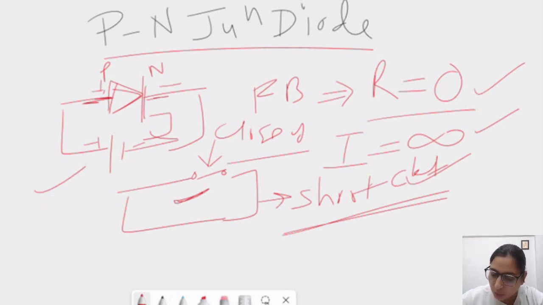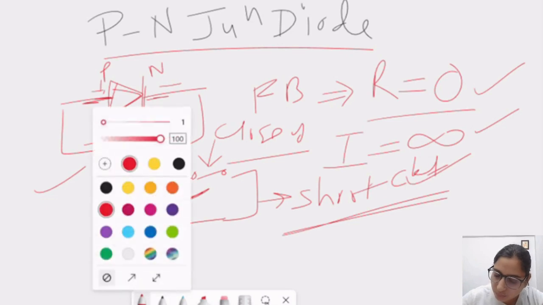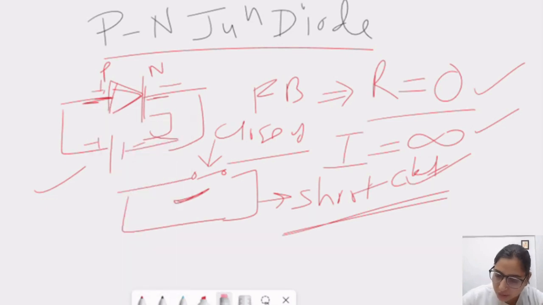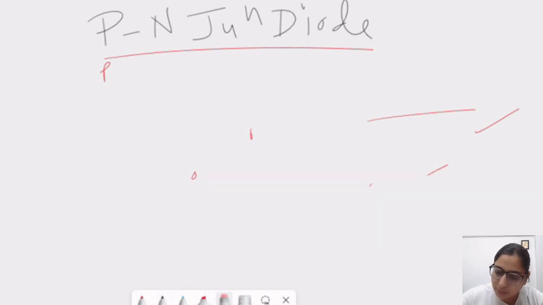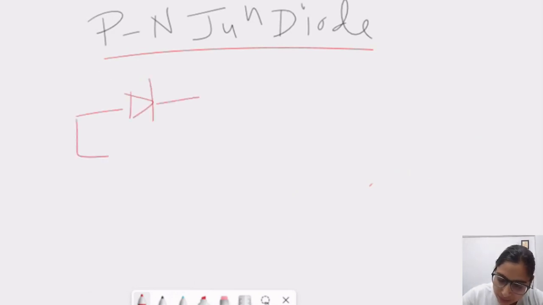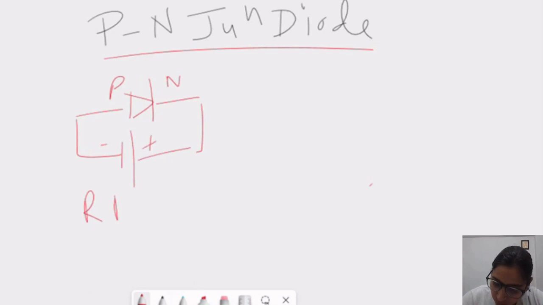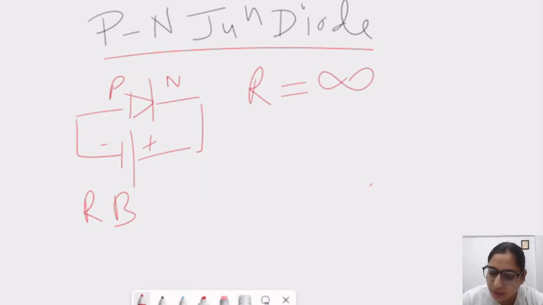Now, let us talk about the reverse bias condition. What happens in reverse bias? Let's draw one more diagram here. In reverse bias, we connect the P side to the negative terminal of the battery and the N side to the positive terminal of the battery. This is the condition of reverse bias. In an ideal diode under reverse bias, the resistance of the circuit is infinite. Why?